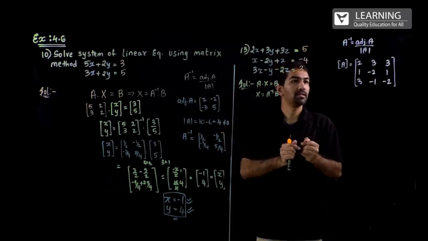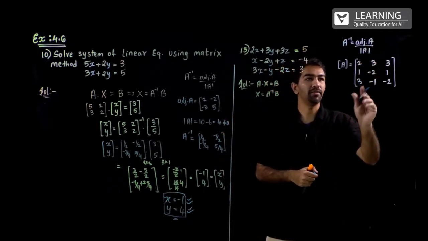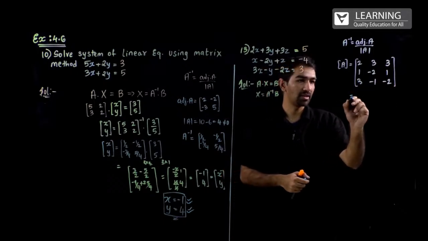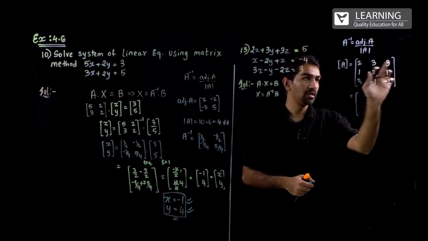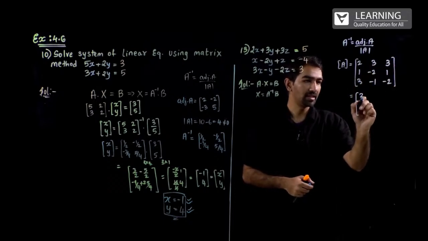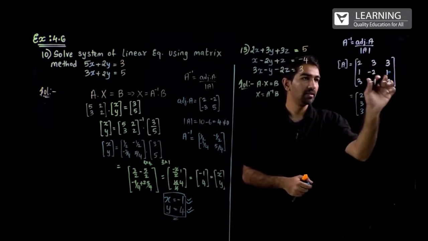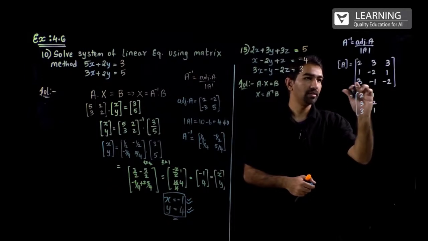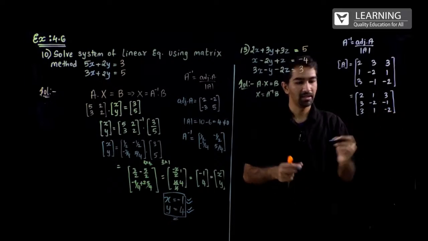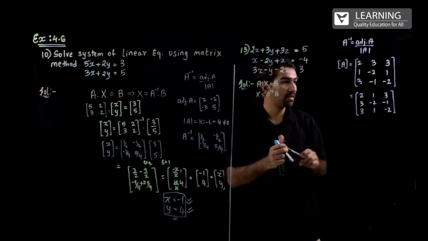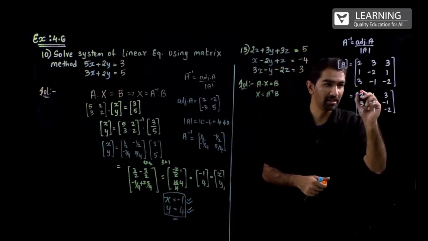Write down the cofactors, or how do we find out the adjoint of A? First take the transpose of this. So transpose of this would be writing the rows as columns. So 2, 3, 3 is a row, right? Write it as a column. 2, 3, 3, 1, minus 2, 1, 3, minus 1, minus 2. Transpose is done. Now we have to find out the minors of each and every entry here.